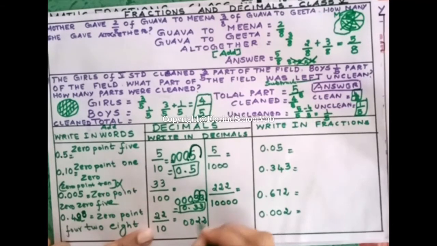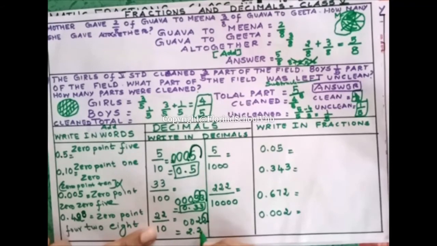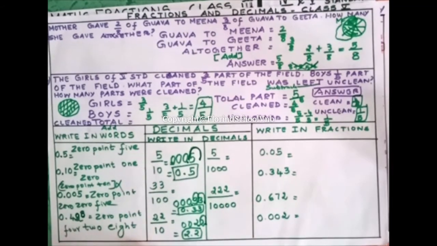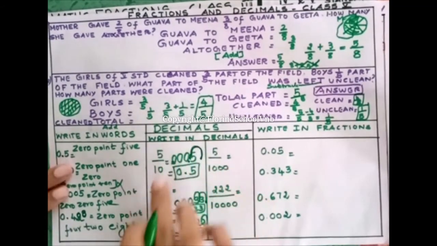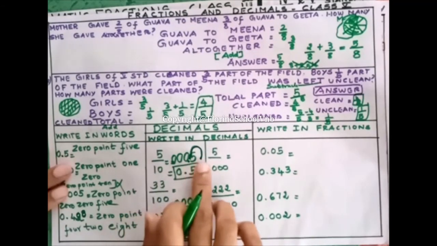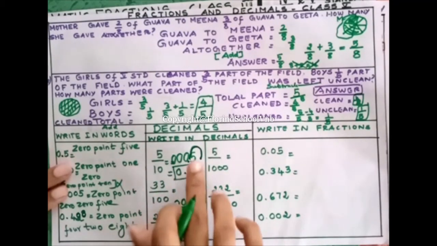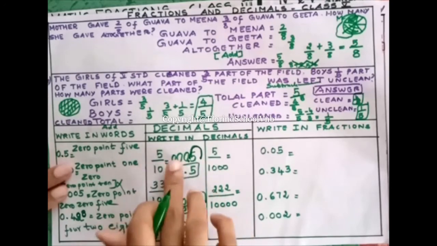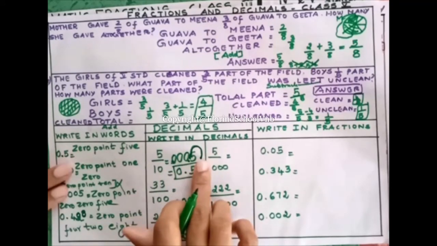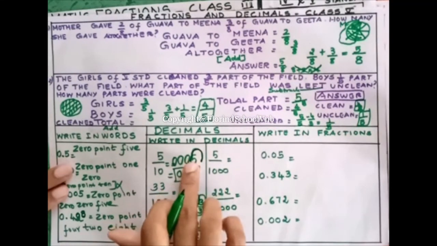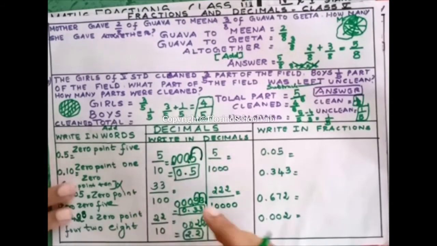Write 0 0. Keep a point here in the right side. How many zeros are here? 1 0. So shift only one time. So your answer is 2.2. So in order to change the fraction into a decimal, first write zeros before the number, keep a point, and then you have to shift the point.